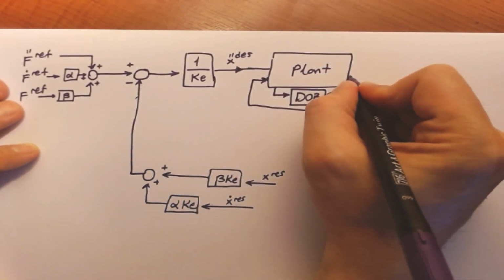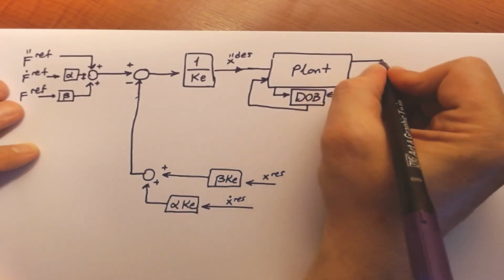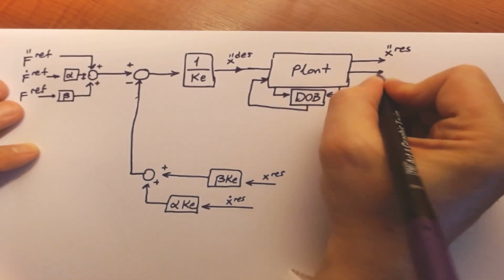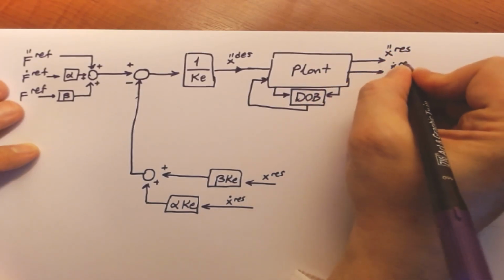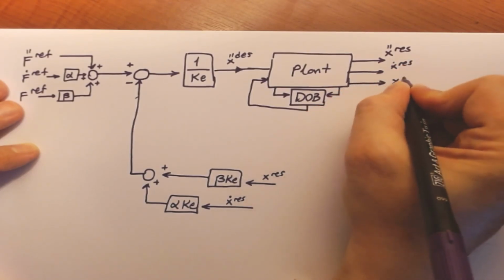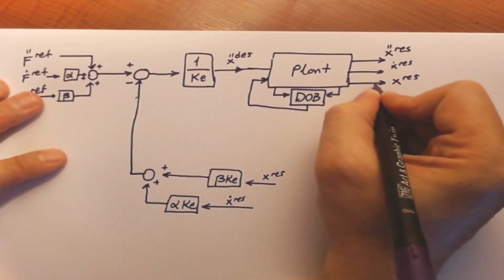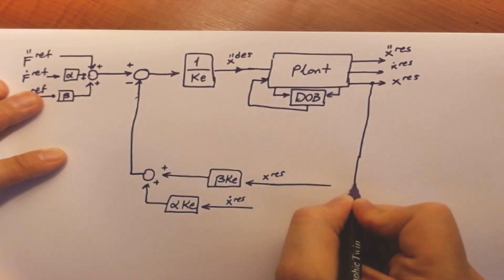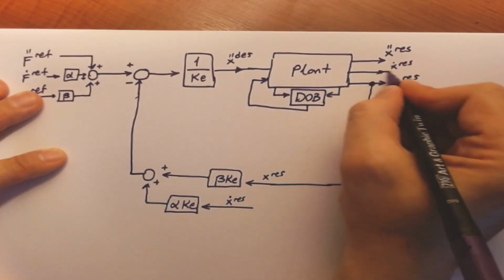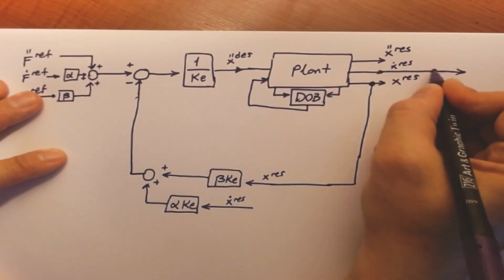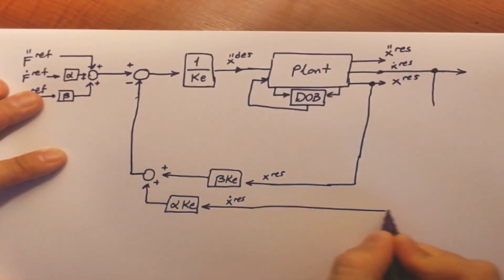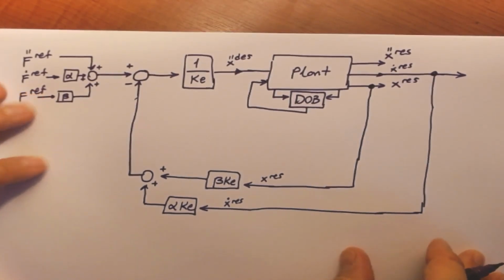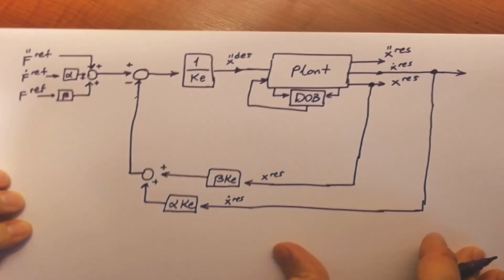And of course this plant will yield several outputs, maybe X double dot response. Here you have X dot response, and here we have X response. I think we can simply take X response, connect it with this, and we can take a feedback here and connect this that way. So this is our overall control block diagram.